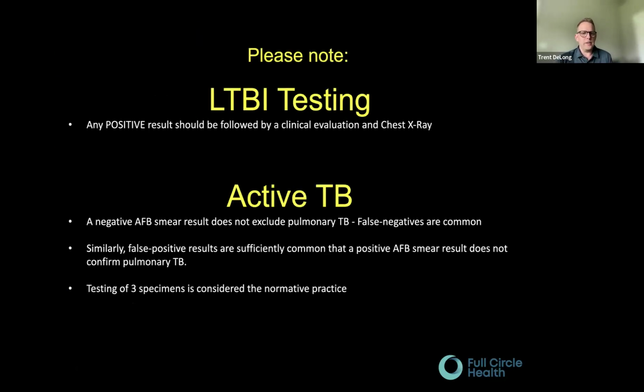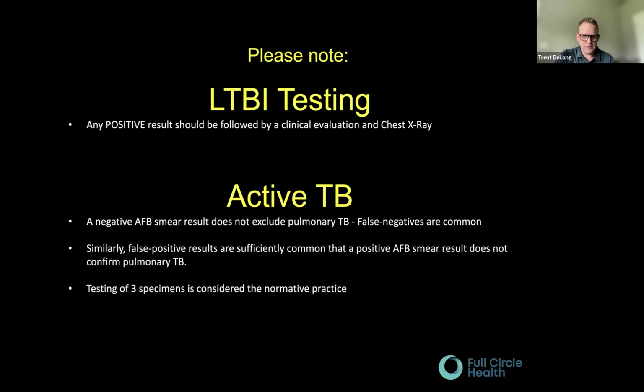It should be noted that any positive result from latent TB testing should be followed with a clinical evaluation and a chest X-ray. Additionally, in active TB, a negative AFB smear result does not exclude pulmonary TB, and false negatives are common.